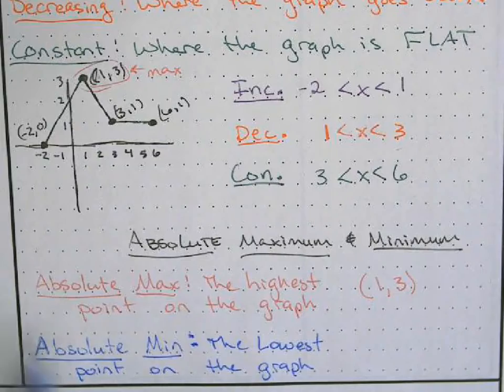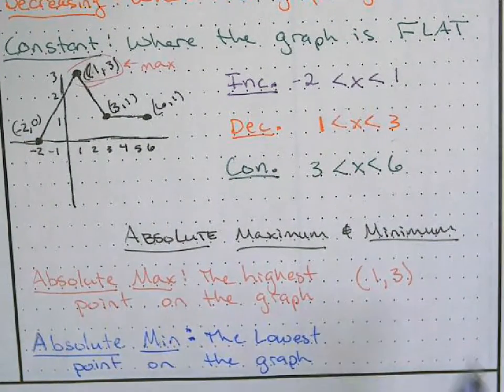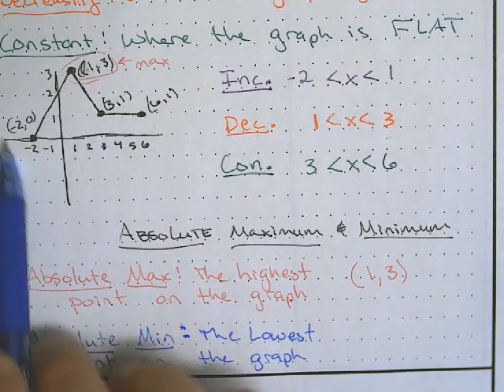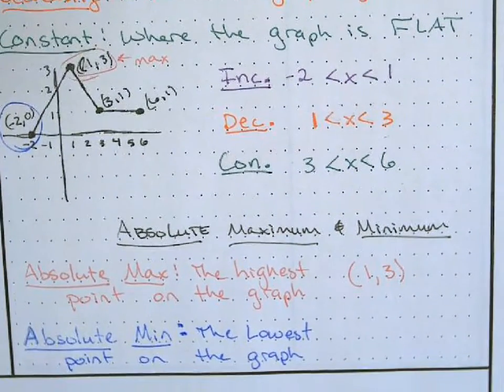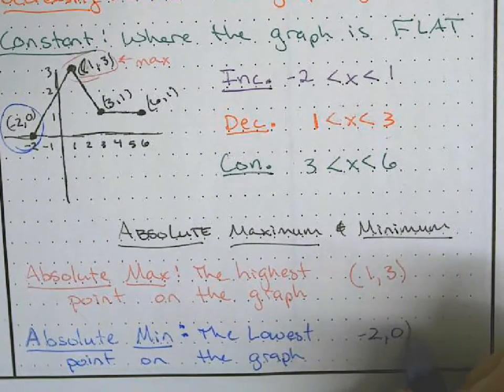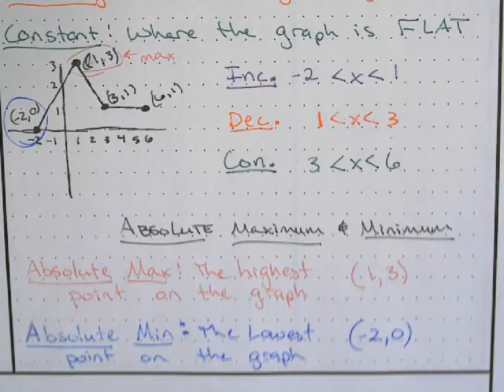And let's look at our graph again. Which point is the lowest point on my graph? These 2 points are in line. We know this is our highest point, so our lowest point is this point right here. That is the lowest point on the graph, and so we'll label it as negative 2, 0. And that's how we can find the absolute maximum and the absolute minimum.